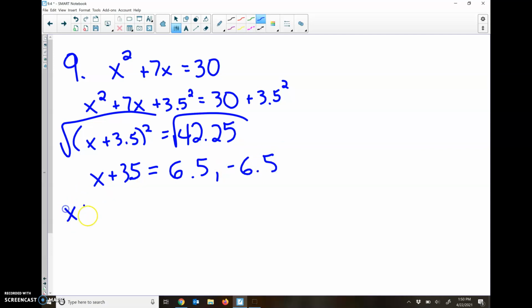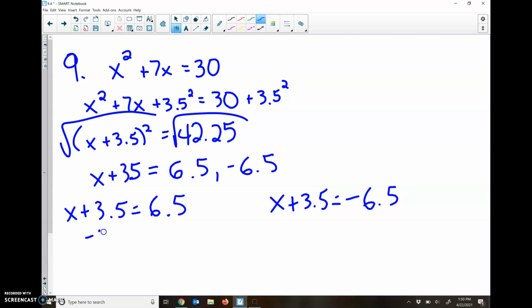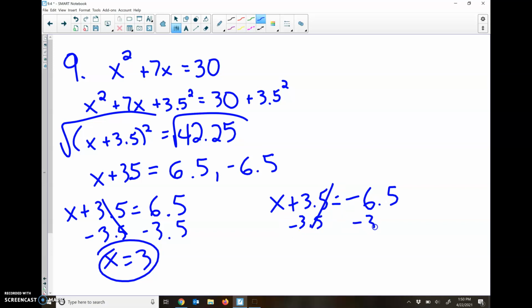So we got x plus 3.5 equals 6.5, and x plus 3.5 equals negative 6.5. Minus 3.5, minus 3.5. x equals 3. There's one answer. Minus 3.5, minus 3.5. x equals negative 10. There's my other answer.